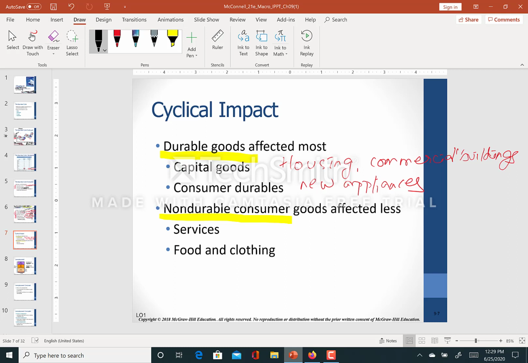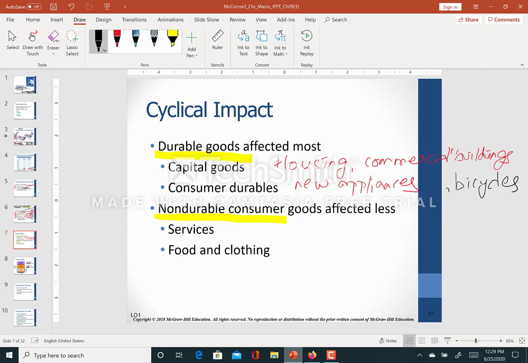Examples are new appliances, cars, bicycles. During a recession, I know a lot of people are using bicycles right now. I'm not going to buy new appliances or new houses during a recession because the income has gone down, because the real GDP has gone down.